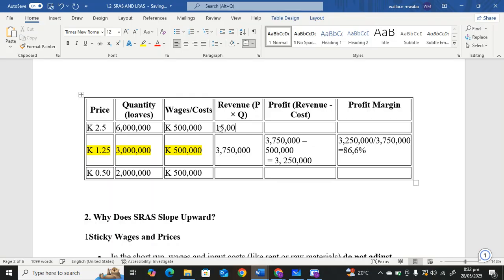Have you seen how the revenue has jumped? Our profit, let's say 15 million minus 500,000, that is 14,500,000.